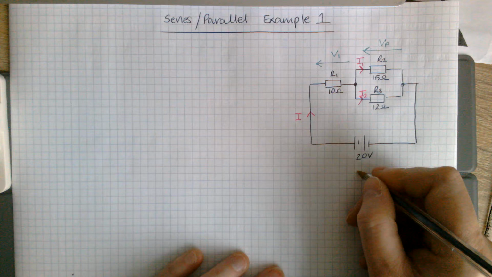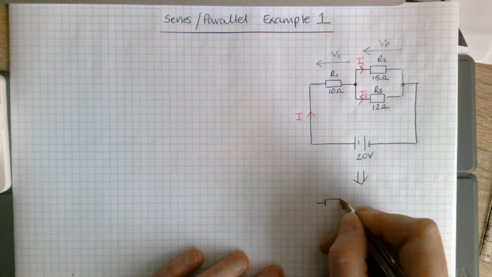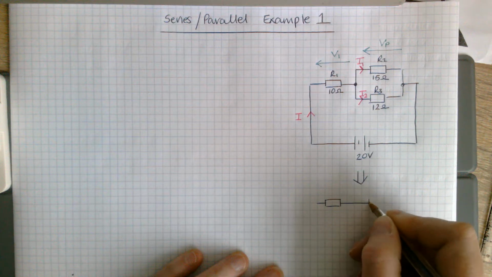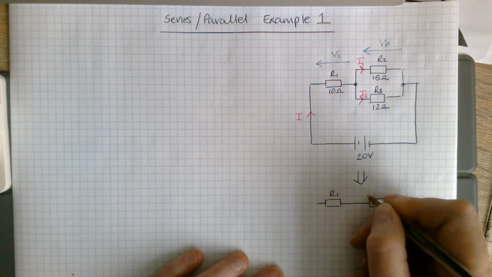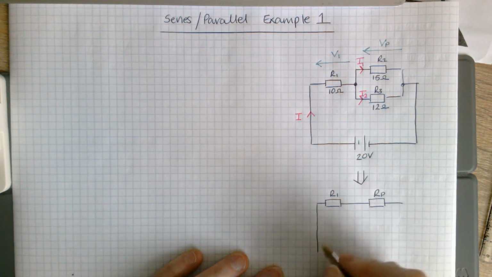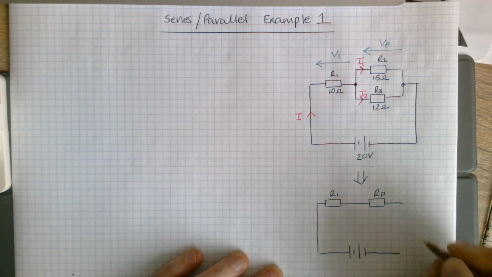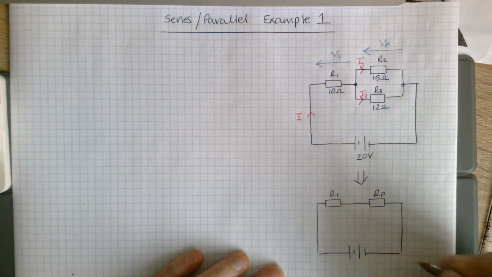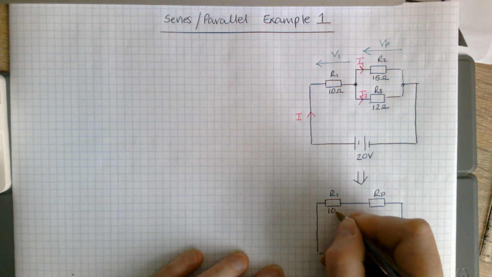So your equivalent circuit for this would be a circuit with two series resistors, R1 and RP. Supply in the same way round. Still 20 volts for this. 10 ohms here.